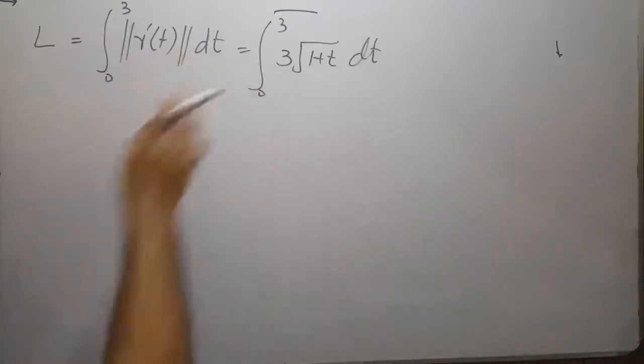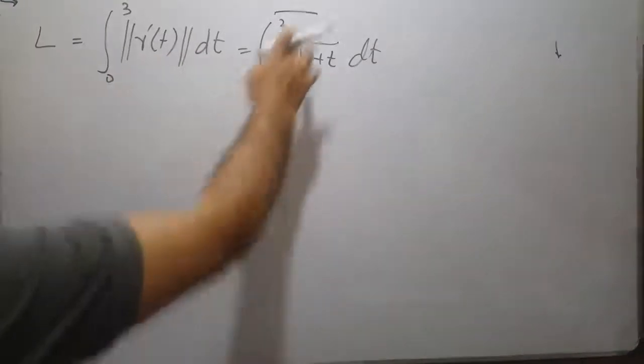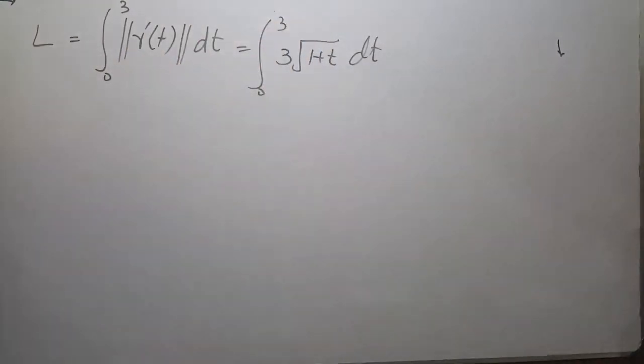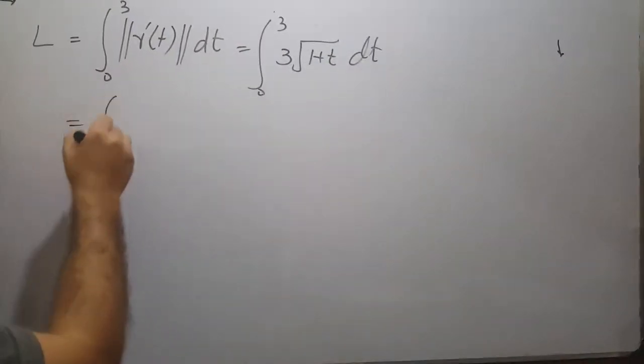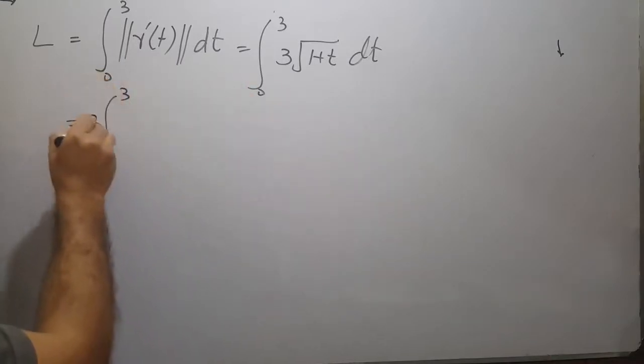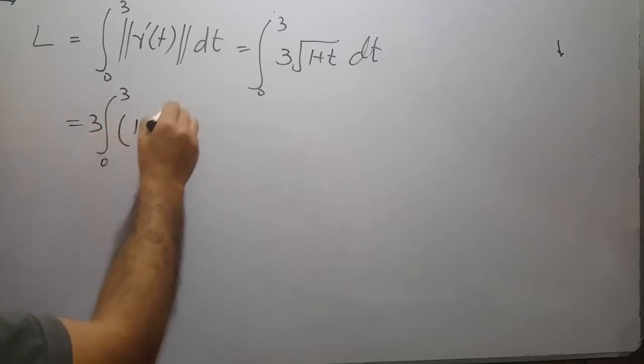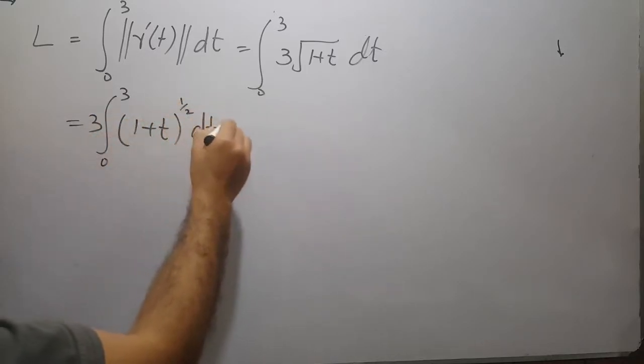Now we can replace the magnitude of r prime in the formula, and you can use any method. You can use substitution. If you don't want to use the substitution method, you can write this as 3 times 1 plus t to the power 1 over 2 dt.